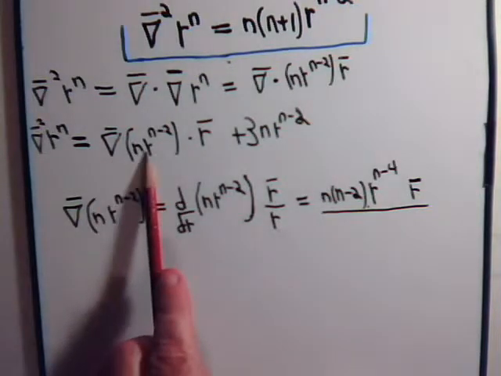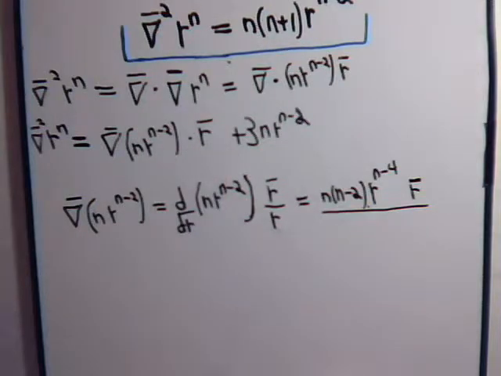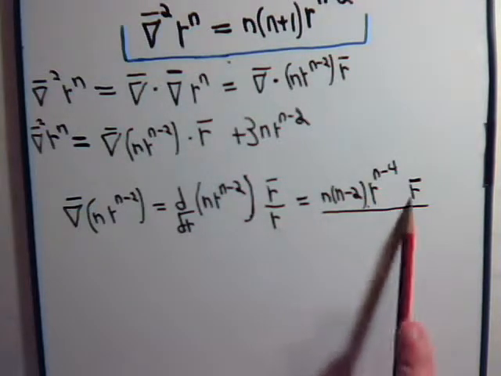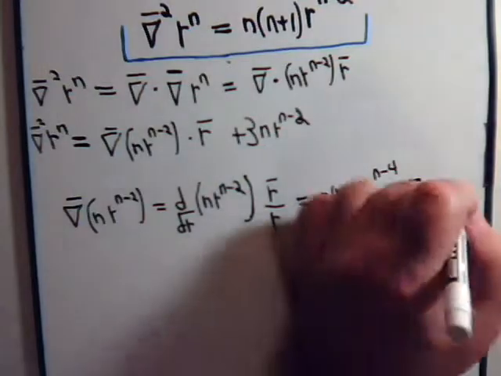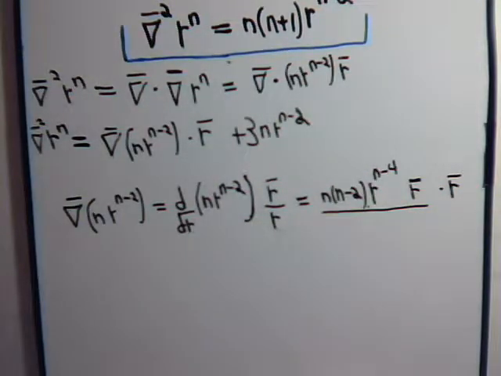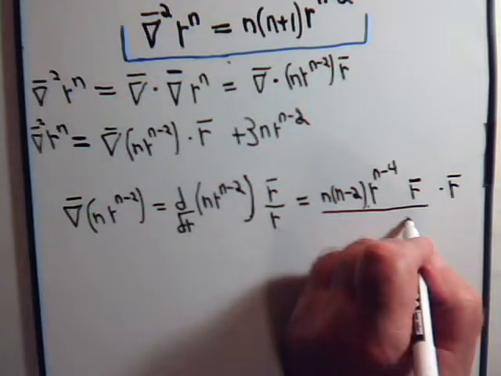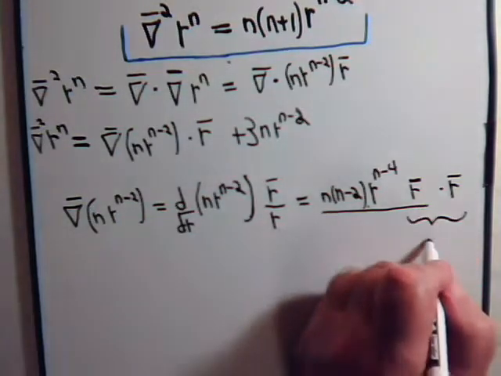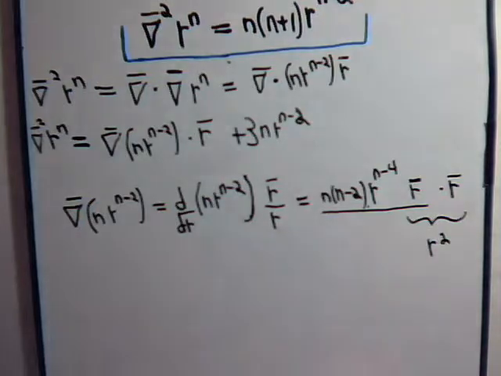So this is this, and what are we supposed to do with that? Let's take the dot product of this with the position vector. And r dot r, that's just r squared.